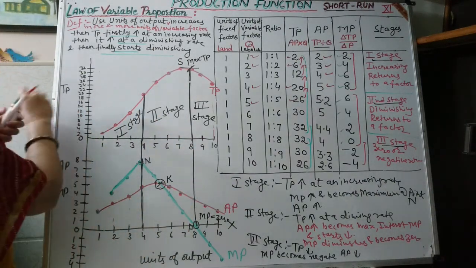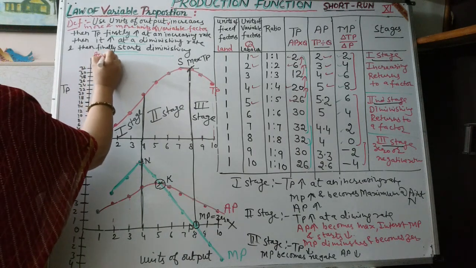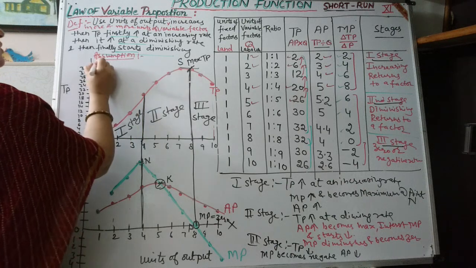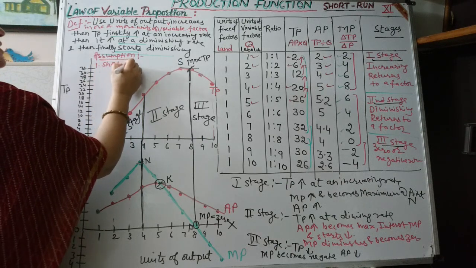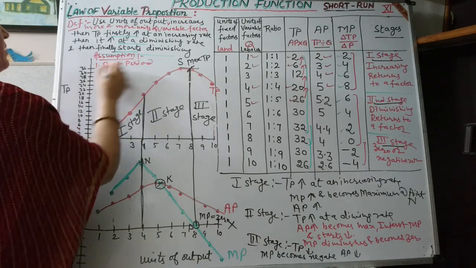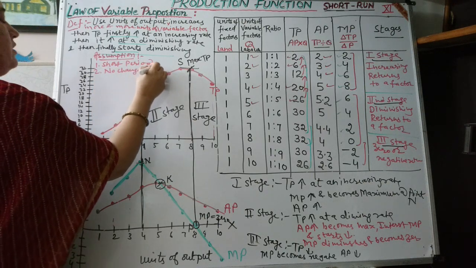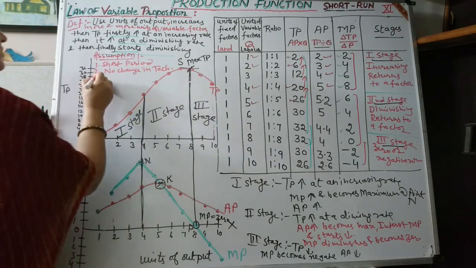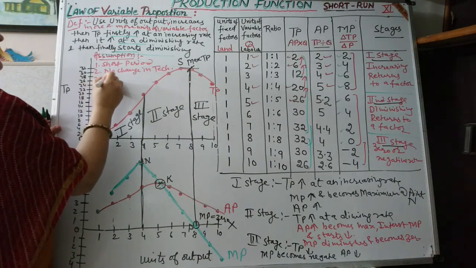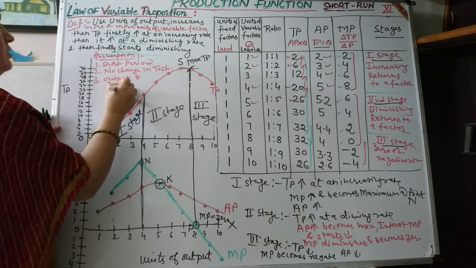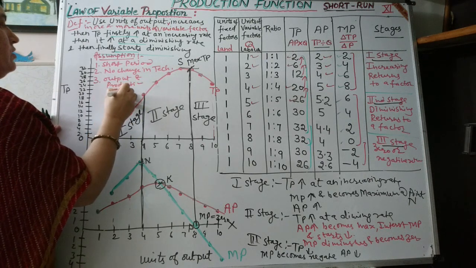And now let us write down some assumptions of this law. Number 1, short period concept. Number 2, no change in technology. Number 3, output or production can be measured.